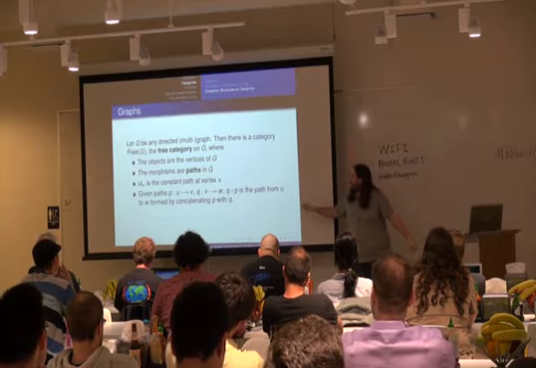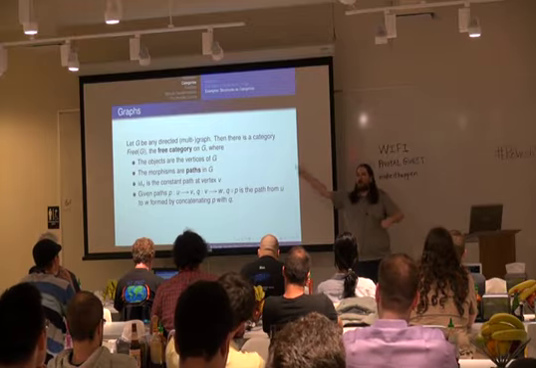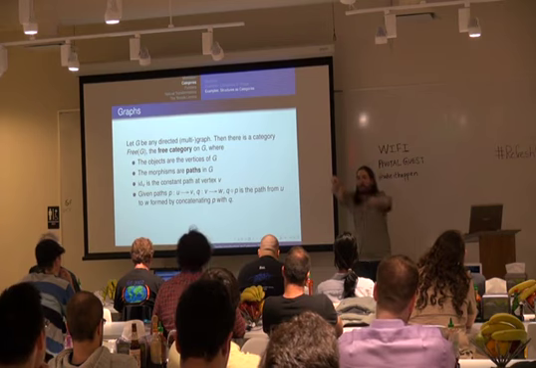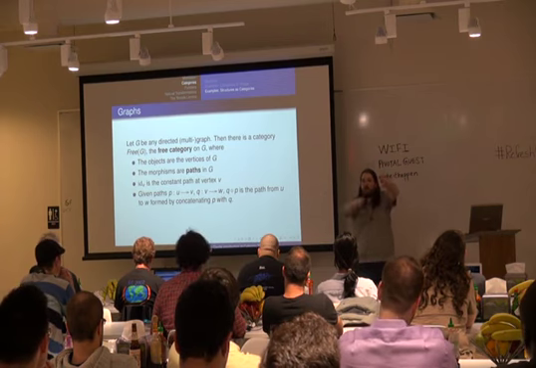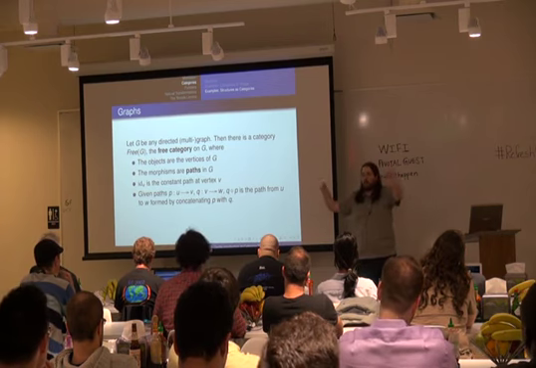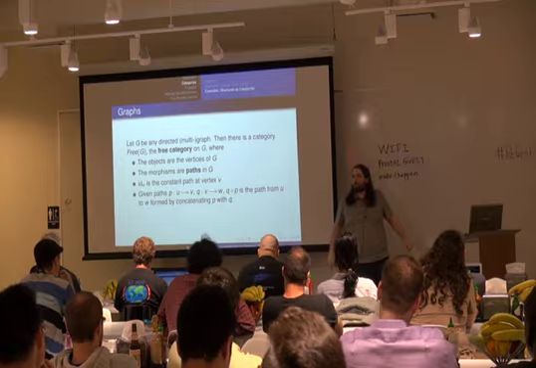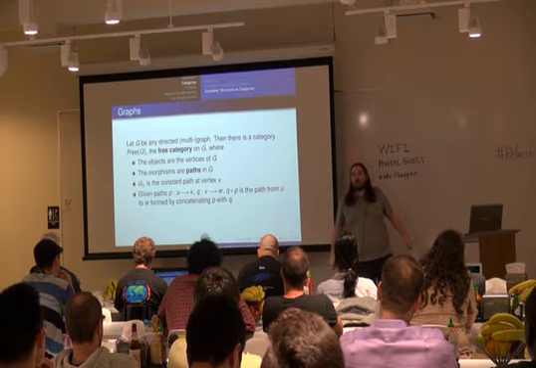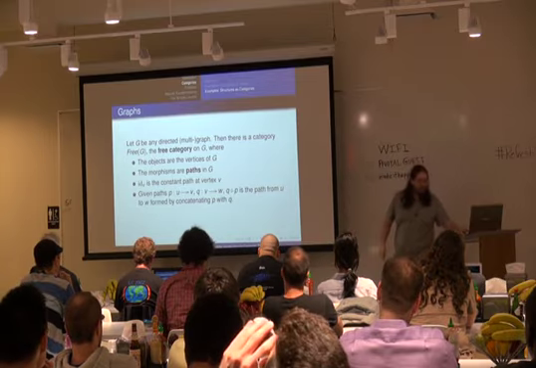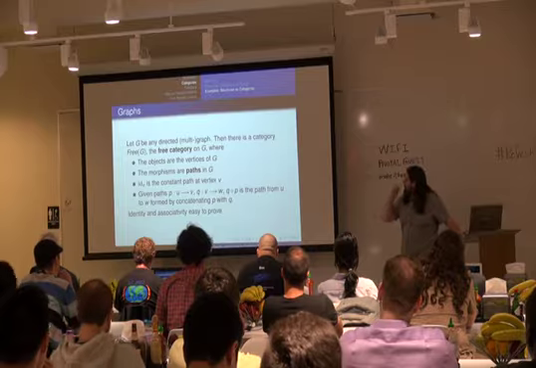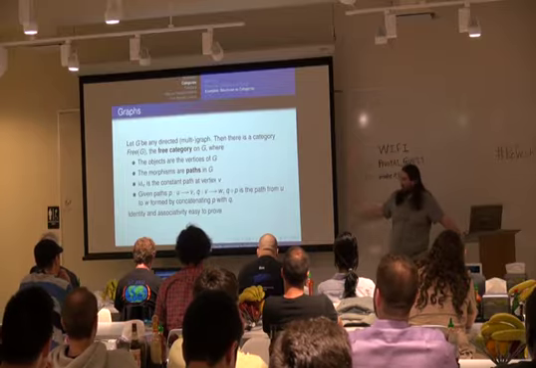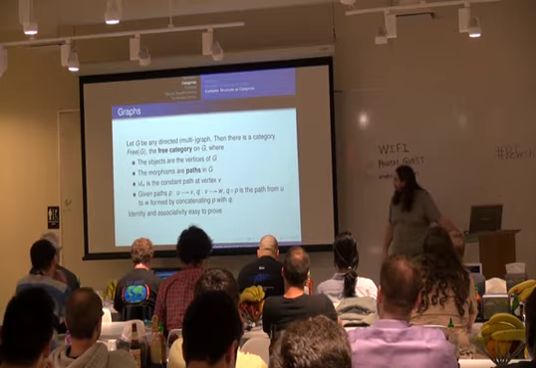And given two paths, I can concatenate them. So I've got a path from u to v, and I've got a path from v to w. I can follow one and then the other, and I get from u to w. And proving the identity and associative laws is easy.